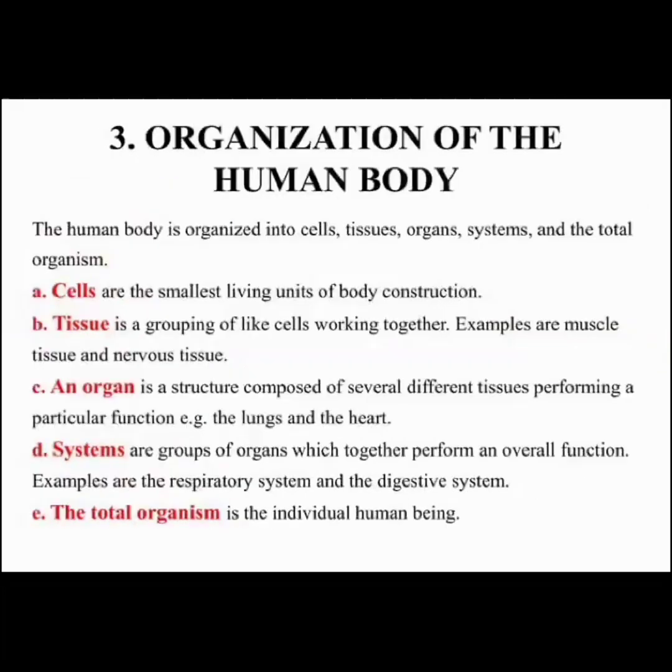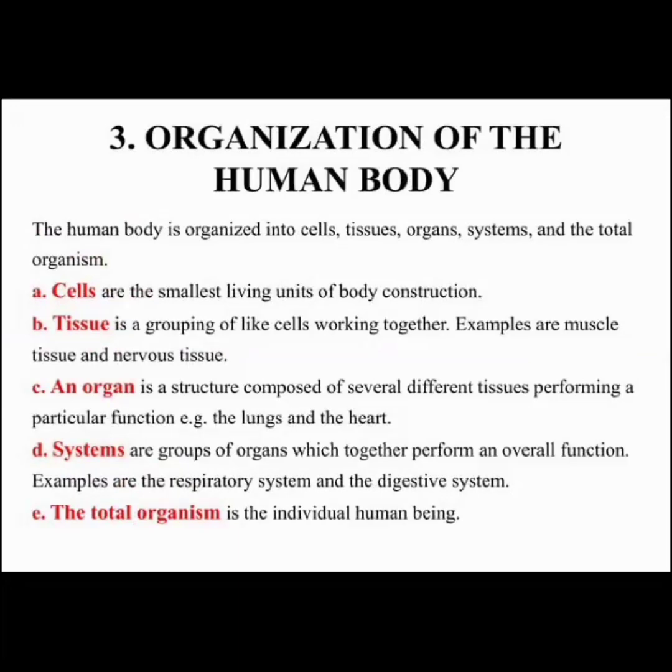Third point, organization of the human body. The human body is organized into cells, tissues, organs, systems, and the total organism. Cells are the smallest living unit of body construction.